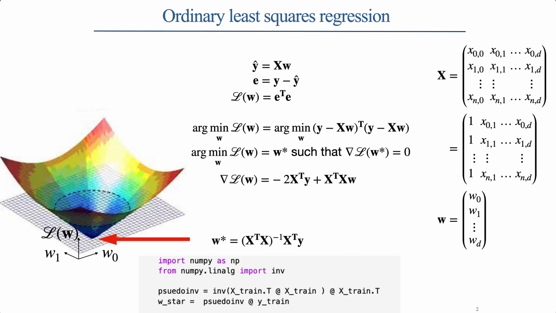Okay, how do we find the best possible W? Well, because this is a squared, this is a quadratic in W, because y hat has got a W in it.